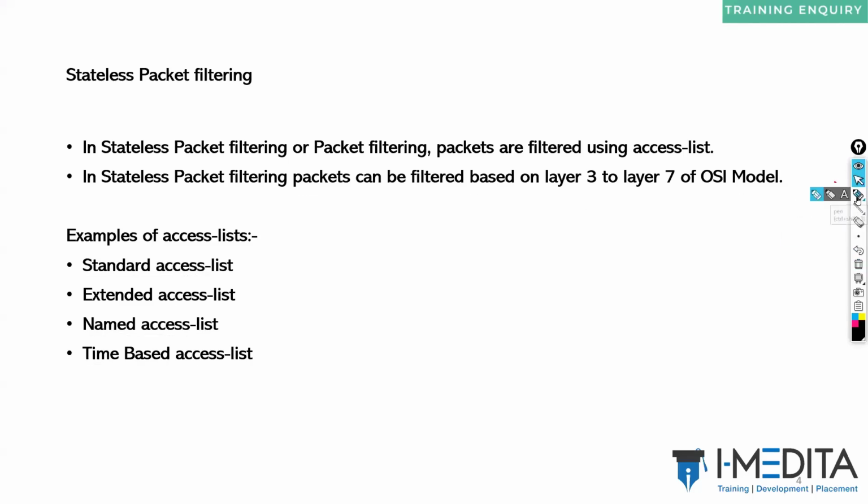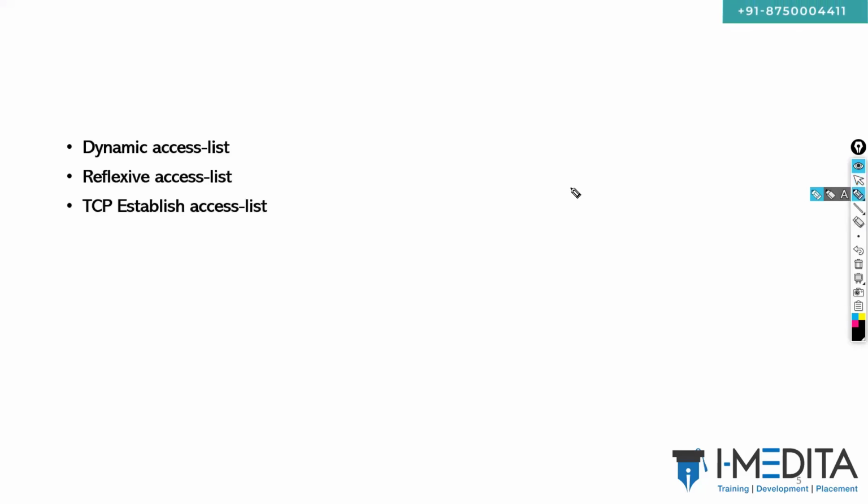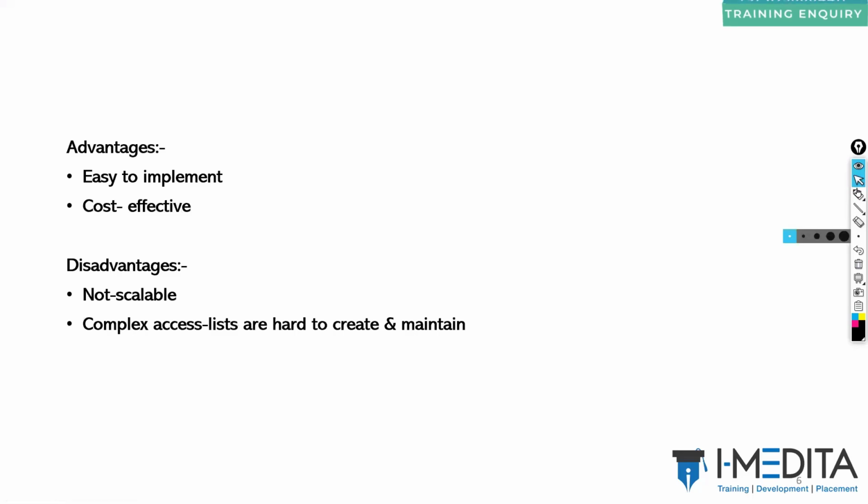Along with these types, we have others like dynamic access list, reflexive access list, and TCP established keyword ACL. Now we want to know the advantages as well as disadvantages of ACL.